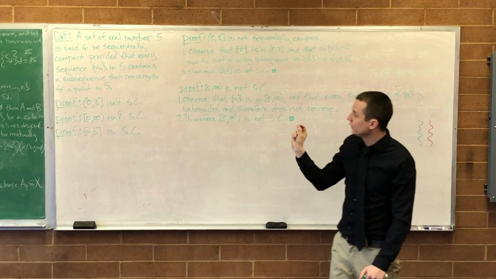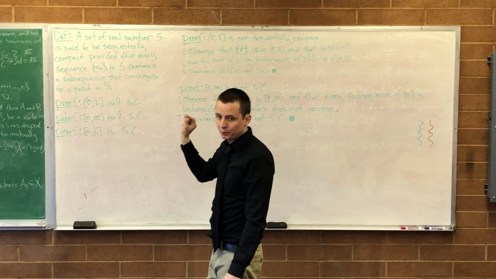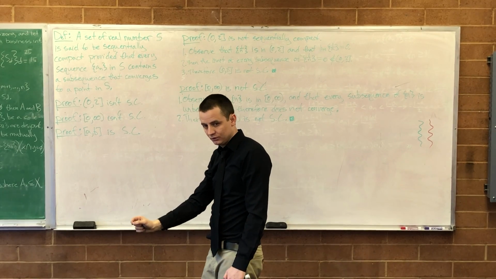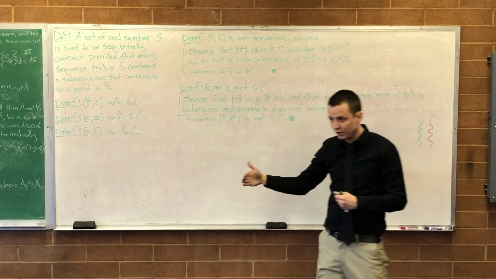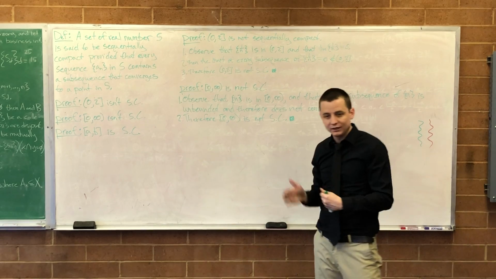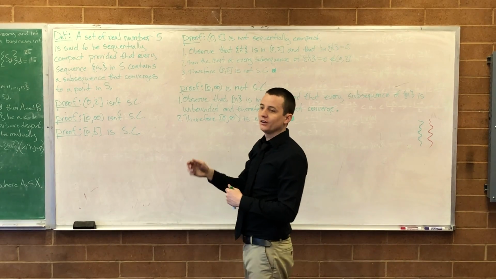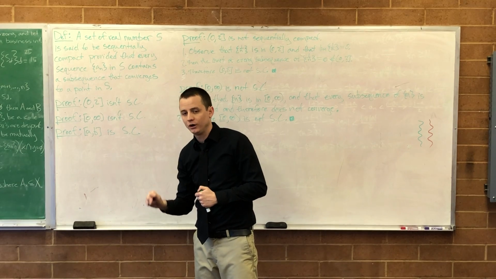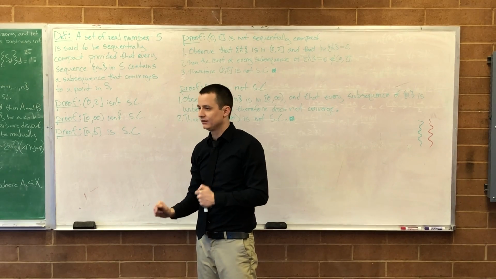Notice sequentially compact is a property of a set of numbers, not a property of a sequence. So a set of numbers is sequentially compact if every sequence that you can get in that set has a convergent subsequence that converges to a point in that set.